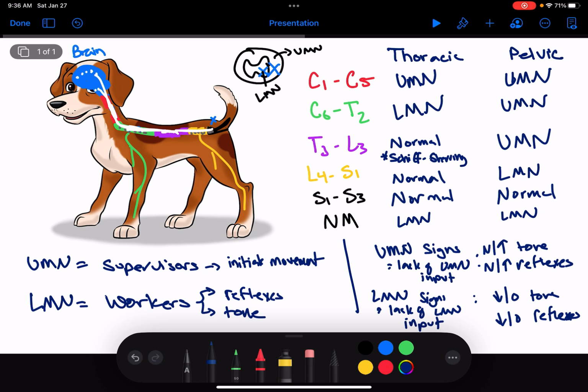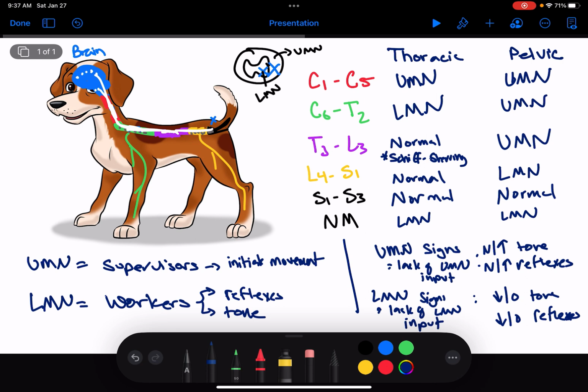And I'm going to encourage you that when you see lower motor neuron signs in the thoracic limb and lower motor neuron signs in the pelvic limbs, to be cautious and think, this is either a multifocal spinal lesion that's affecting both C6 to T2 and L4 to S1, or I'm dealing with a neuromuscular condition like botulism, polyradiculoneuritis, tick paralysis, things like that. All right.